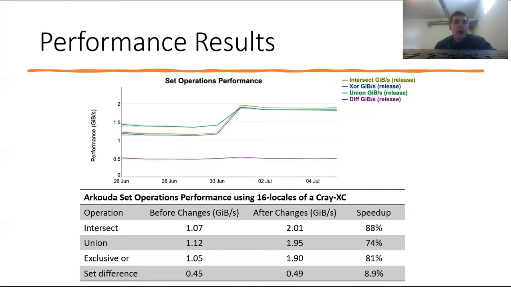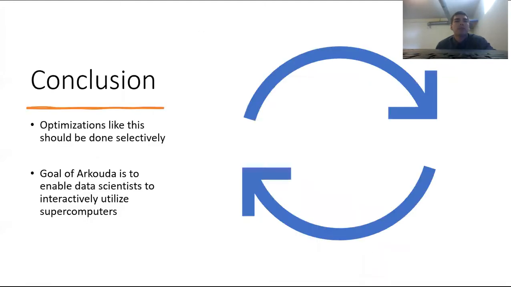And the reason we're seeing a smaller change in the set difference is due to the actual benchmark test that we use to collect these performance results. And in practice, the set difference will actually see much more comparable performance improvements as the other ones. And so that concludes the set operations optimization work.